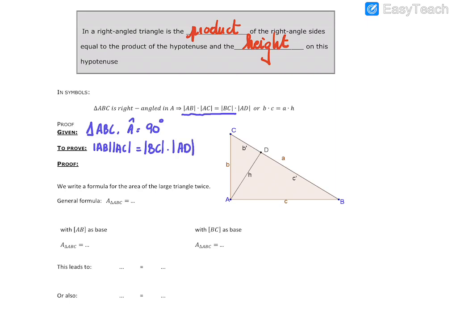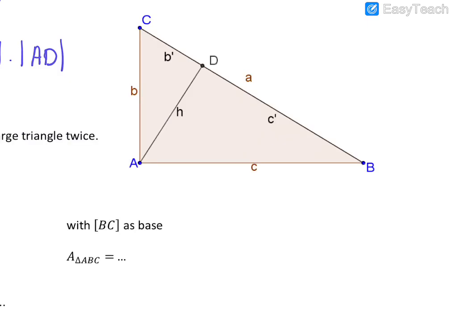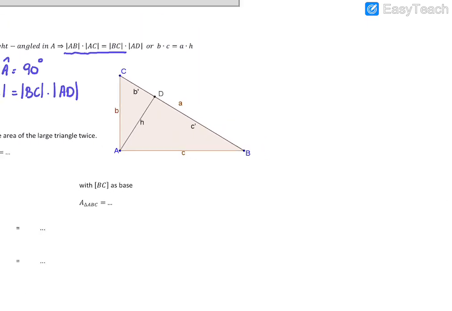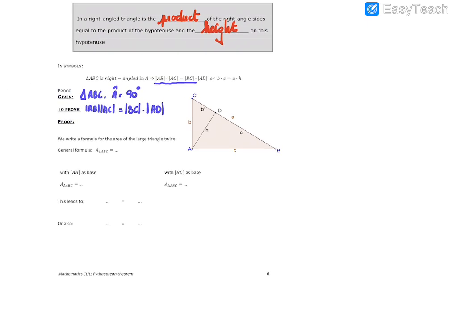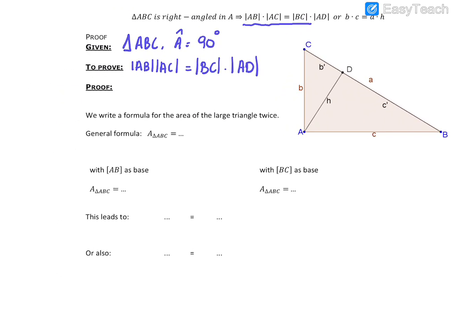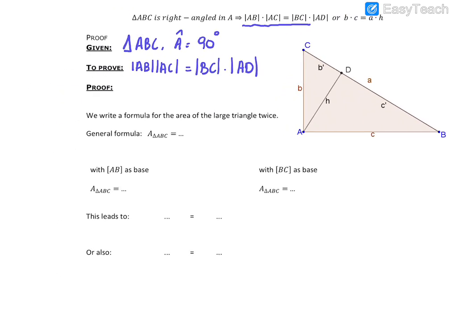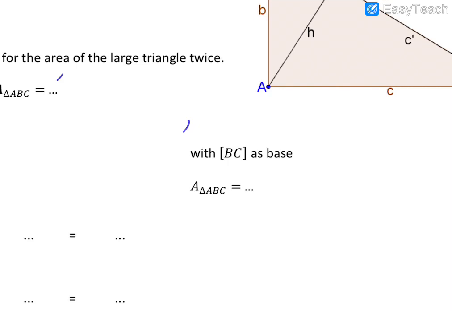Now to do so, we are going to use the formula for the area of a triangle. And the area of a triangle, I hope that you remember, is base times height divided by 2.